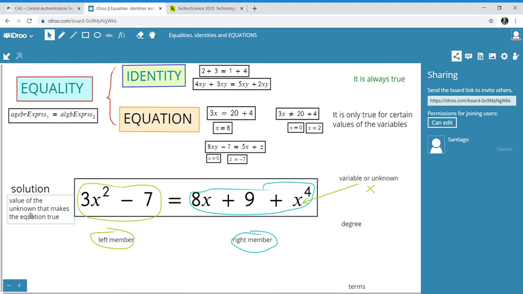The value of the variables or the value of the unknown that makes the equation true is what we call the solution of an equation. Look at this. Remember the equation 3x equals 20 plus 4. We said 8 is the value of the unknown that makes the equality true. Then we say that x equals 8 is the solution of the equation 3x equals 20 plus 4. x equals 0 and x equals 2 are not solutions of the equation because they don't make the equality true.